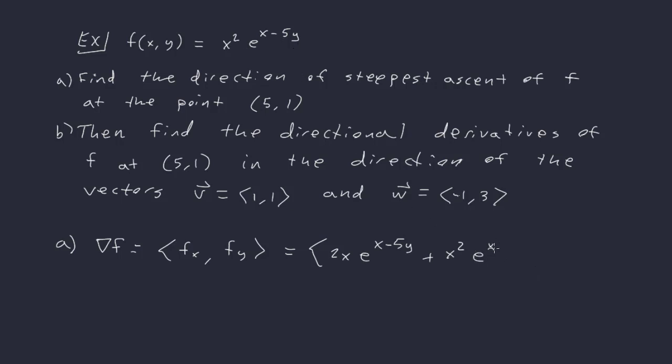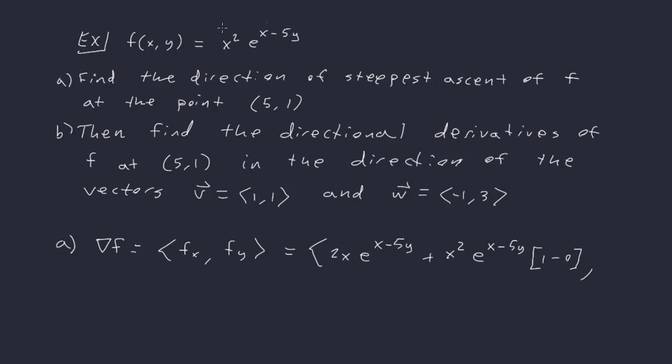So that's going to be e to the stuff times the derivative of the inside with respect to x. Derivative of x will be 1. The derivative of 5y will be 0. All right, so there's that derivative.